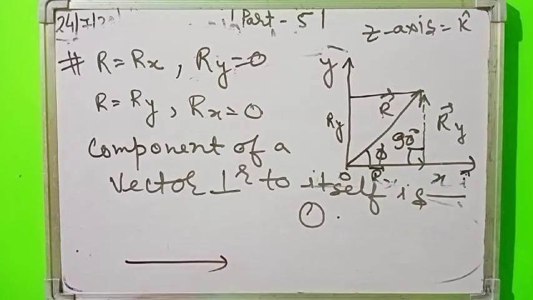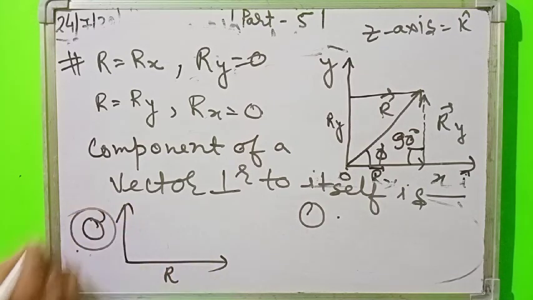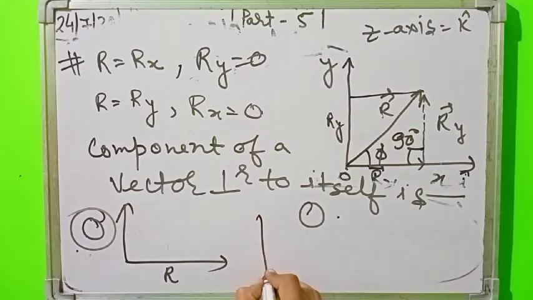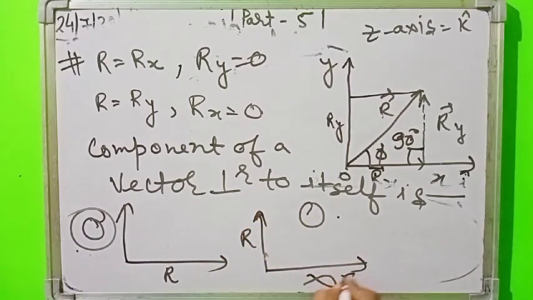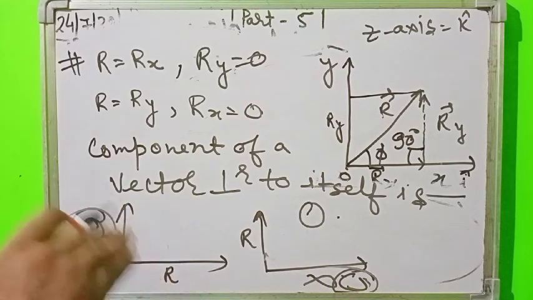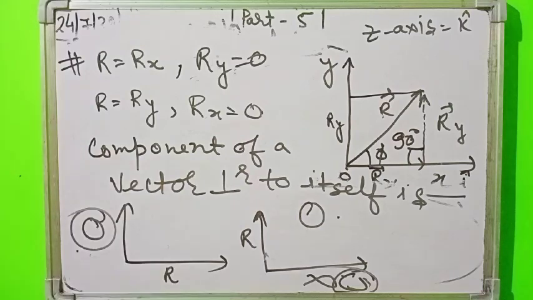Suppose I take a vector r and ask what is its component along the perpendicular direction, the answer will be 0. It means that if there is a vector, then its component along the perpendicular or orthogonal side is 0.